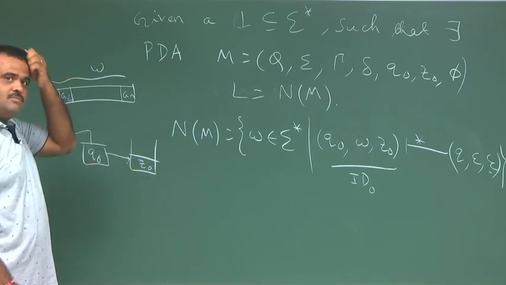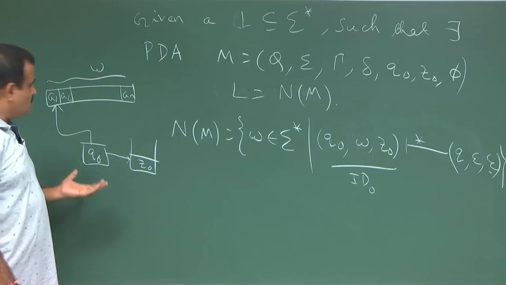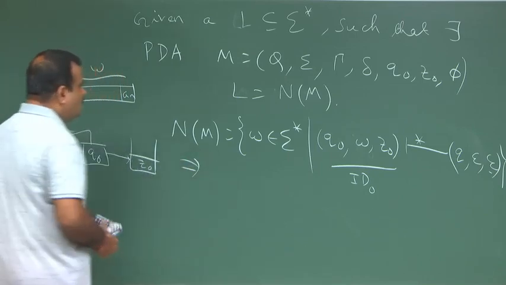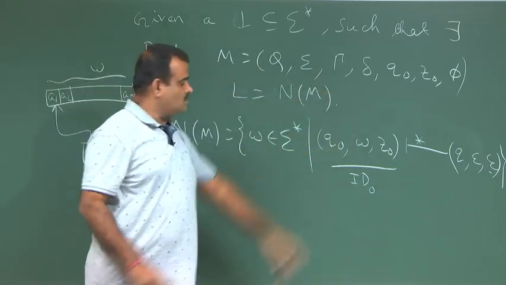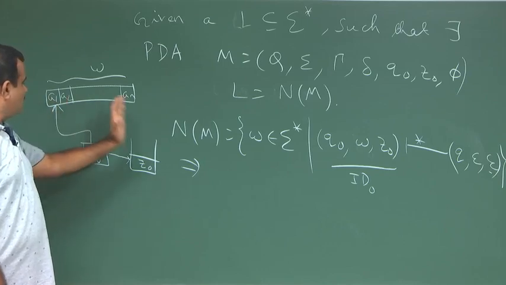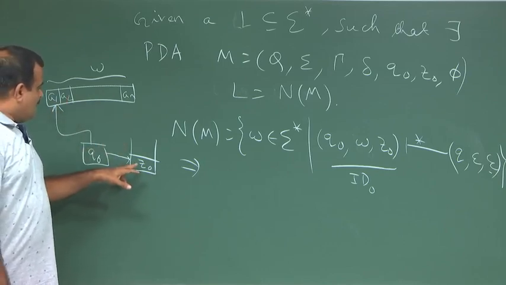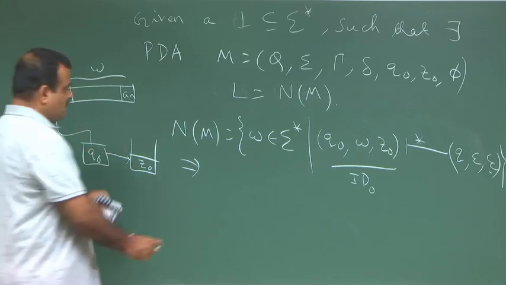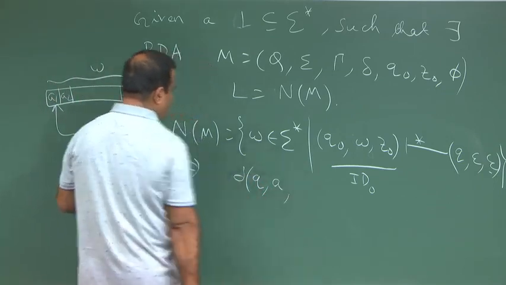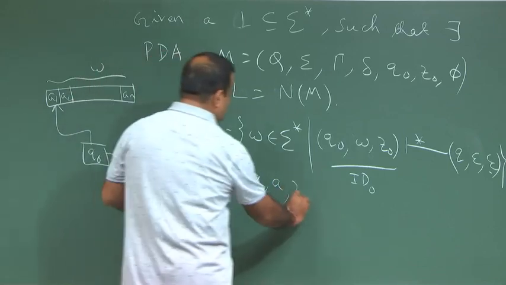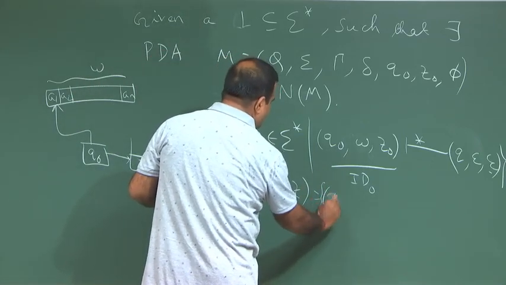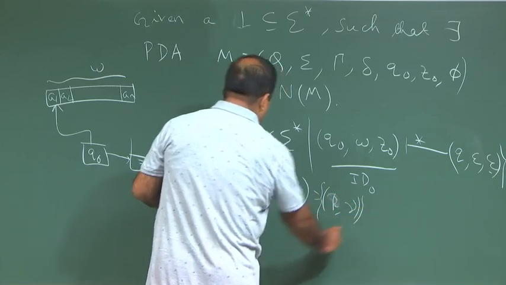This is the situation of the initial snapshot, the initial ID. Now, we take the move of delta. Then we go to some other state and keep on reading like this, and the stack symbol will be replaced. We know delta is basically a function of q, an input alphabet, and z. It will replace to some p and some gamma, it is a non-deterministic move, this we have discussed.